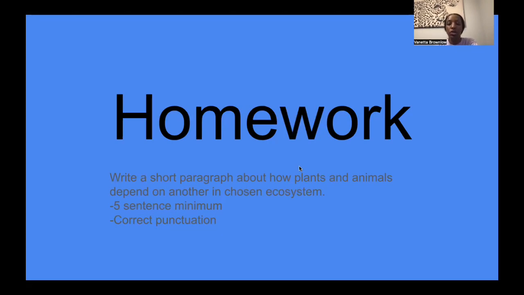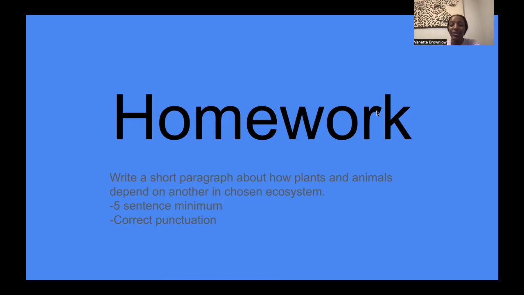Make sure that you use correct punctuation throughout your paragraph. You need at least 5 sentences, whether that's the rainforest, the desert, or the ocean.